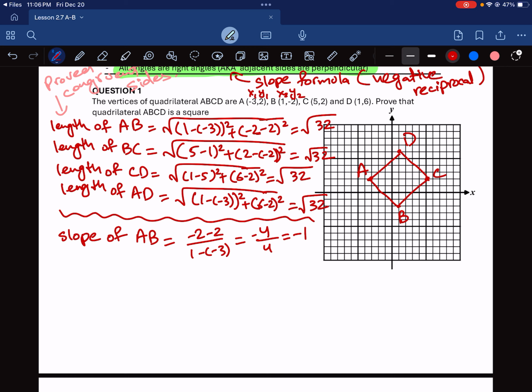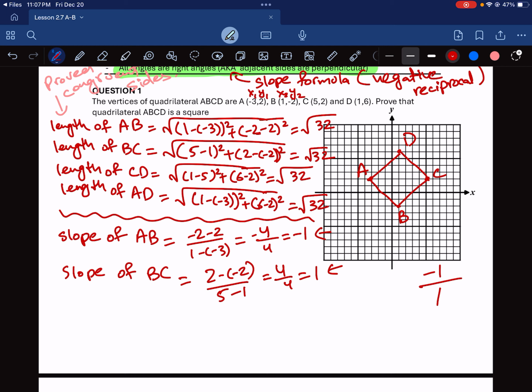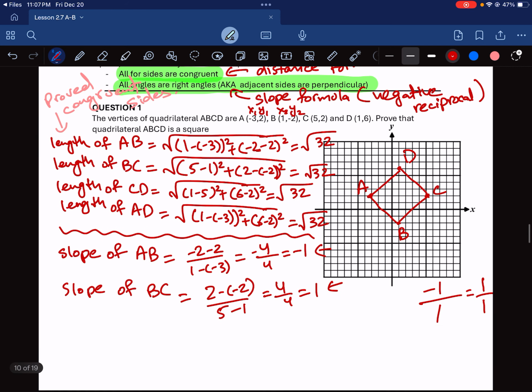Then you're going to find the slope of BC, which is 2 minus negative 2 over 5 minus 1, which is 4 over 4, which is 1. These are negative reciprocals of each other, because if you write negative 1 over 1 and flip and change the sign, you get 1 over 1. So negative 1 and positive 1 are indeed negative reciprocals of each other.